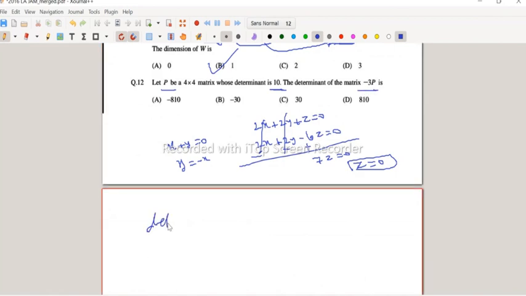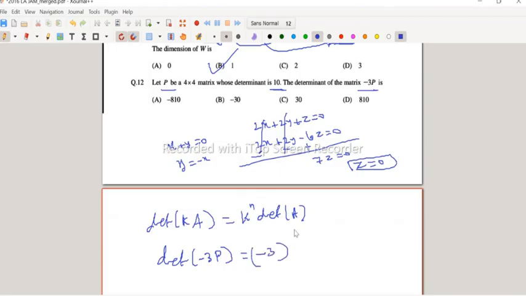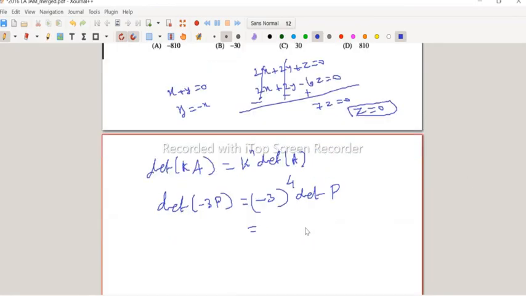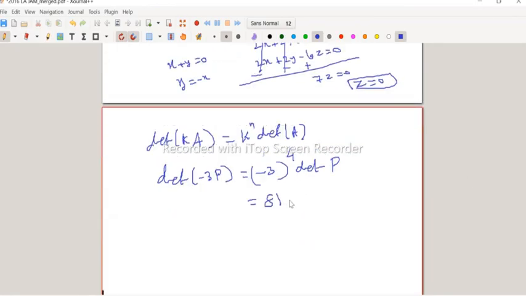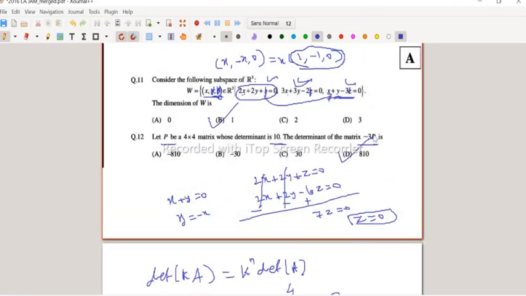We know the formula: if k is any number and A is an n by n matrix, then the determinant of kA is k to the power n times the determinant of A. Here k is minus 3, so we take minus 3 outside and get minus 3 to the power 4 times the determinant of P. Minus 3 to the power 4 is plus, so 3 to the power 4 is 81, times the determinant of P, which is given as 10. Therefore it is 810. This is the answer.